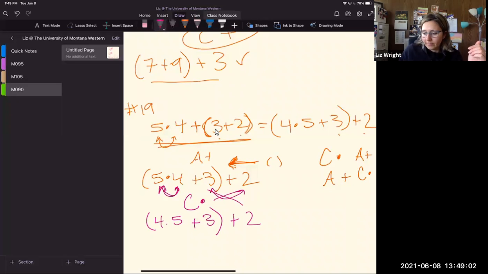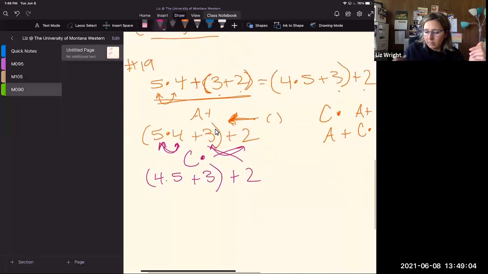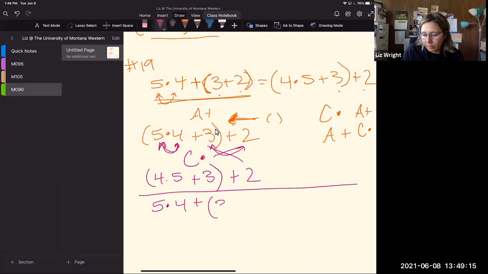Let's try the other way and see if that would work as well, and see if we commit any illegal math move. So I'm going to write down what we started with, 5 times 4 plus the quantity of 3 plus 2. And this time I'm going to do the commutative property first. So I'm going to do commutative of multiplication. I'm going to change those two.